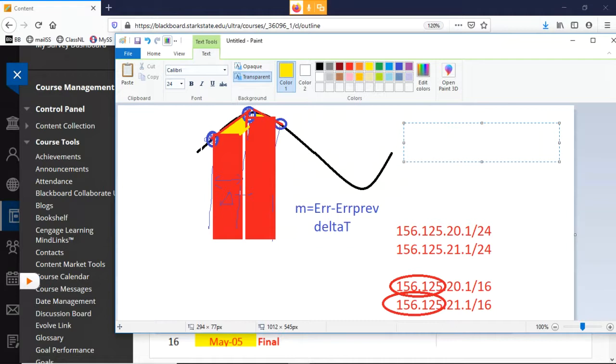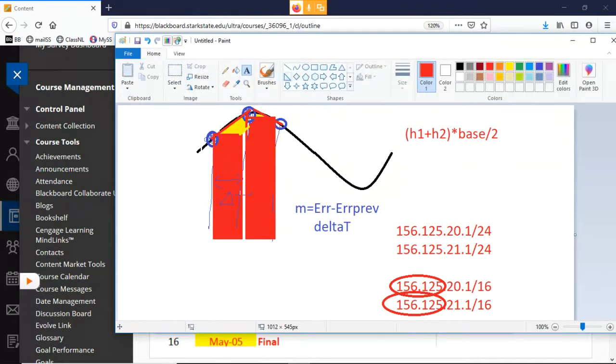The equation that we used was the area of a trapezoid, which in general terms is height 1 plus height 2 times the base, divided by 2. And that's basically because you have a triangle.